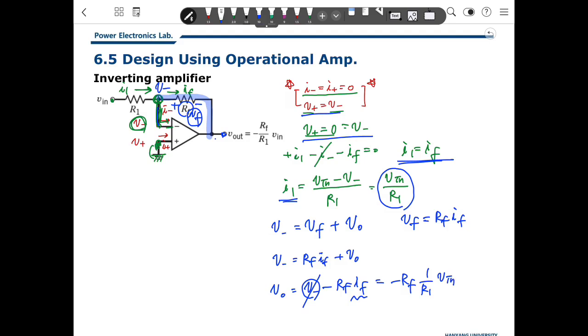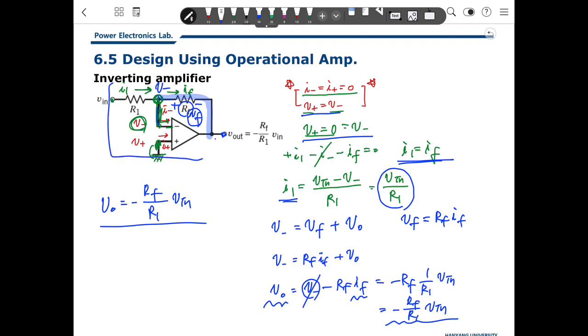So there is minus RF over R1 times Vin. So Vout is that relationship: Vout is minus RF over R1 times Vin. If we configure this electric circuit based on the op-amp in this way, then the output is an inverting amplifier. Depending on the variables R1 and RF, you can design the gain of this amplifier.